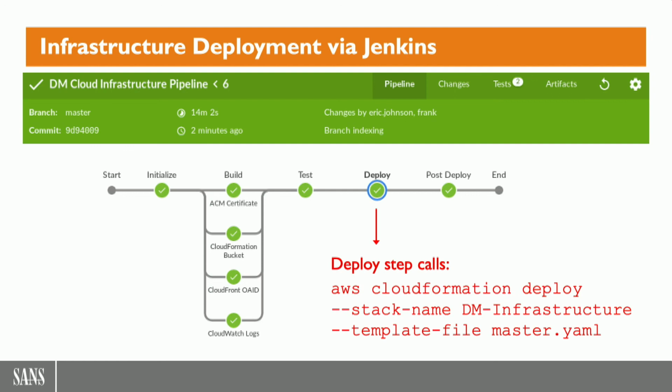This is a screenshot from Jenkins Blue Ocean, the new Blue Ocean interface, that specifically says instead of you, the engineer, having to call AWS CloudFormation deploy yourself from the command line, or even logging into the console to do so, once you've got your pipeline set up, you can use Jenkins in this example to automatically deploy even things like a new WAF in your environment as well.